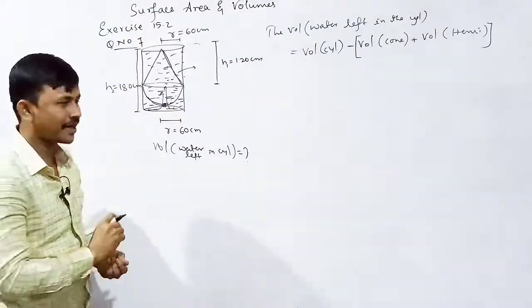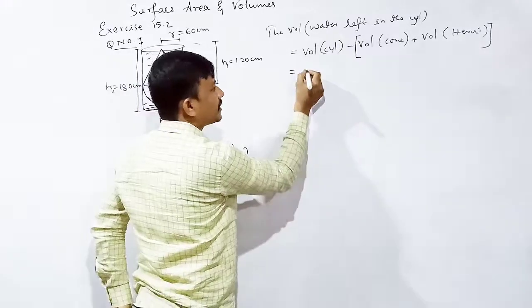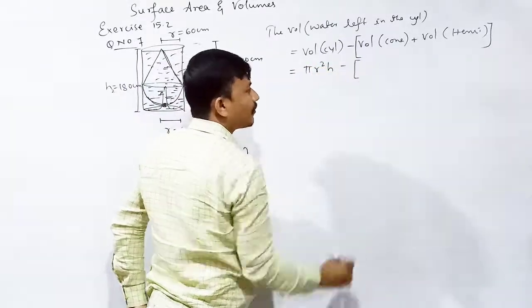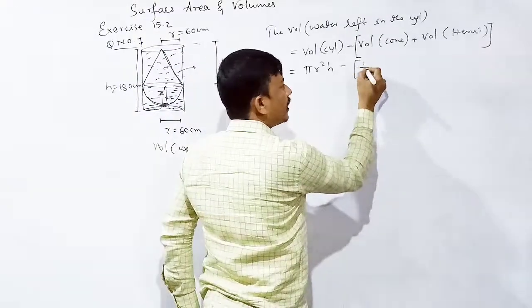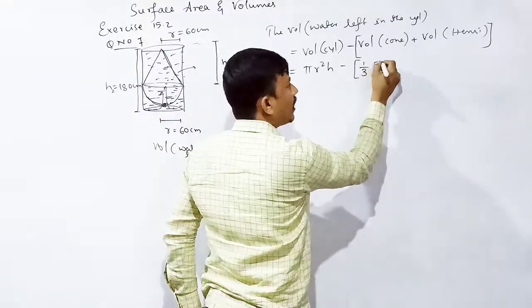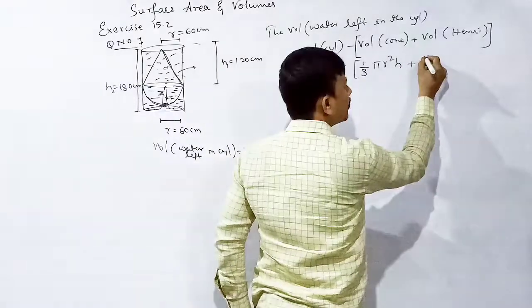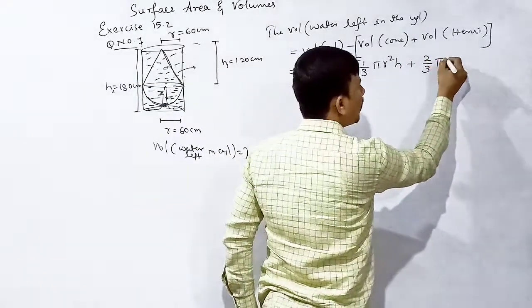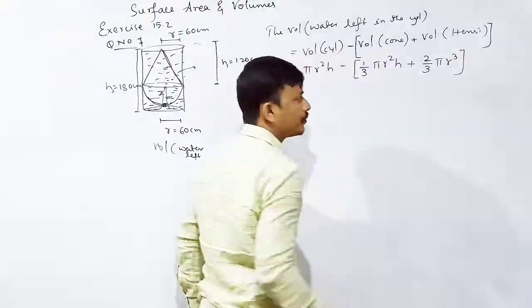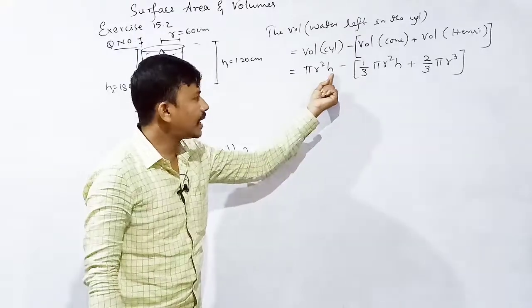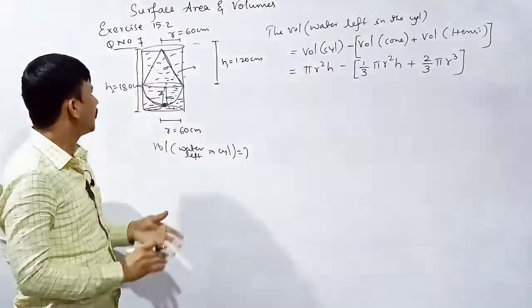Understood? Okay. Then what is the formula for volume of the cylinder? Pi r square h, minus volume of cone 1 by 3 pi r square h, and volume of hemisphere 2 by 3 pi r cube. Correct? Then what is the h value for the cylinder? H2.